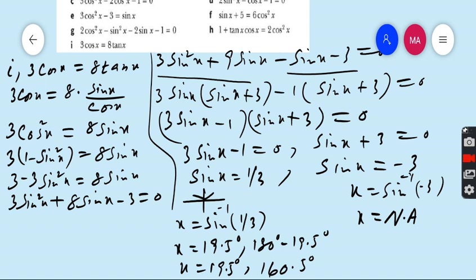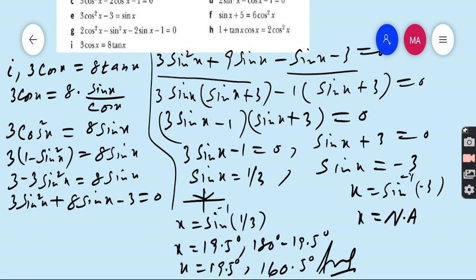Because the maximum value of sin in the domain from 0 to 360 is 1, and the minimum value of sin from 0 to 360 degrees is minus 1, and this is minus 3, which is not possible. So for this part we have only two answers: 19.5 and 160.5 degrees.